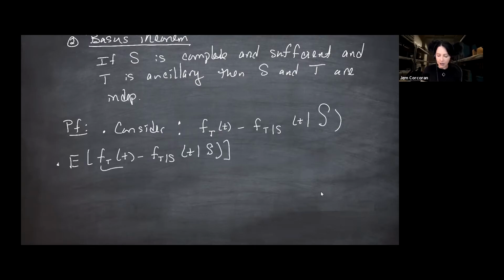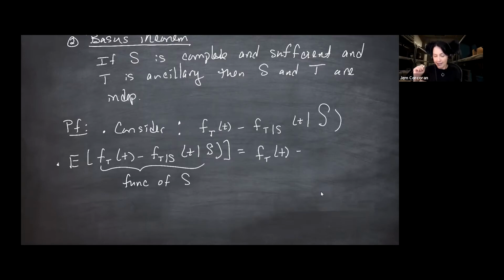Because in terms of randomness, this is a function of S, well, I don't even care about that yet. Let me first distribute the expectation. The first thing is constant. It's not a constant function, but it's not random. So its expectation is just f_T(t). And the second thing is the expected value of that conditional PDF.